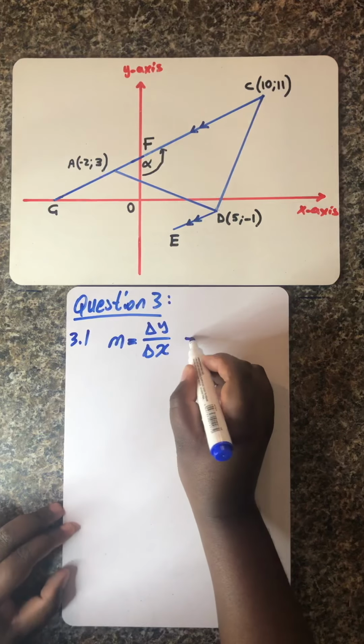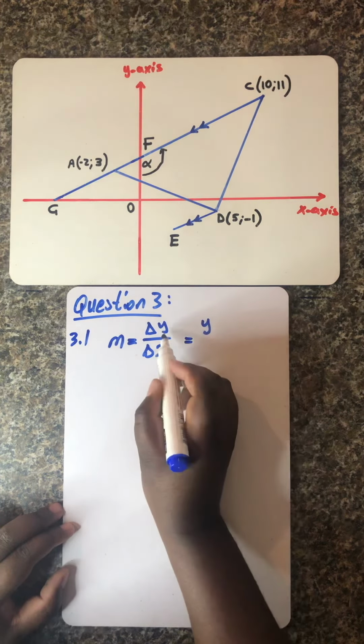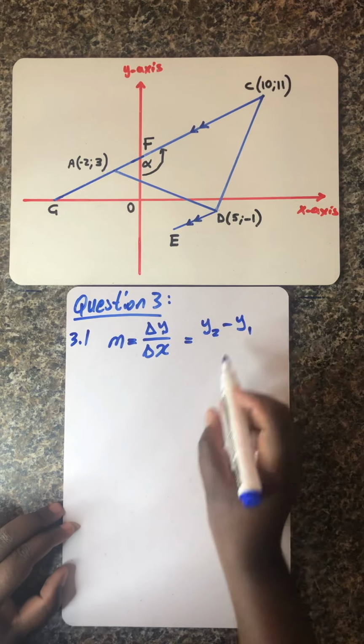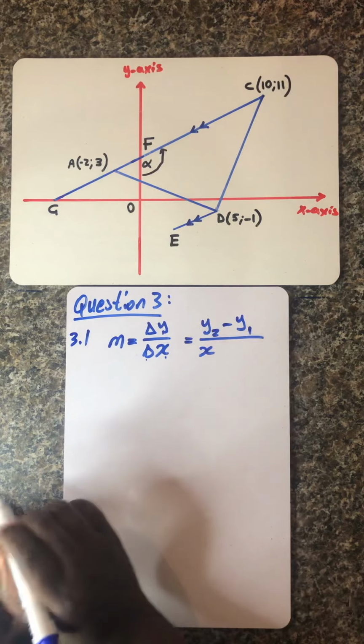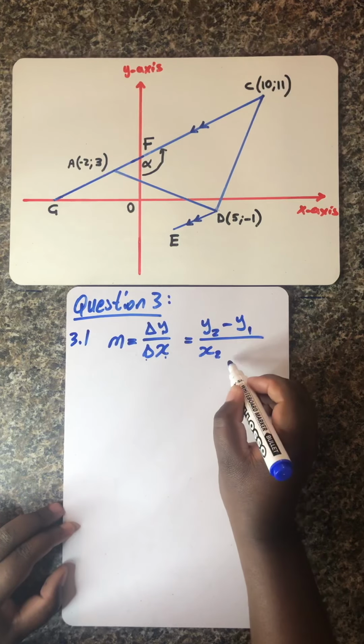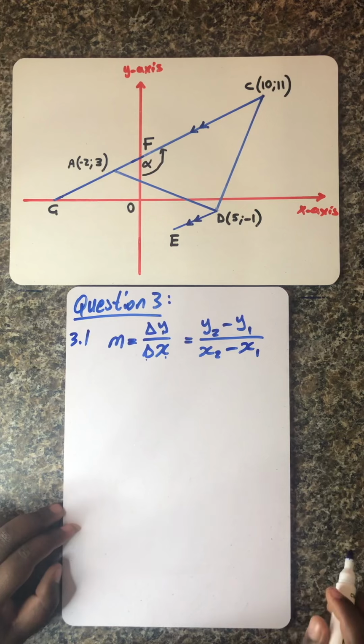Change means y, because we are saying change in y. So that means it's y of the second point minus y of the first point, over x, because now we talk of change in x, the second corresponding x value minus the first corresponding x value. Ladies and gentlemen, very, very much important.